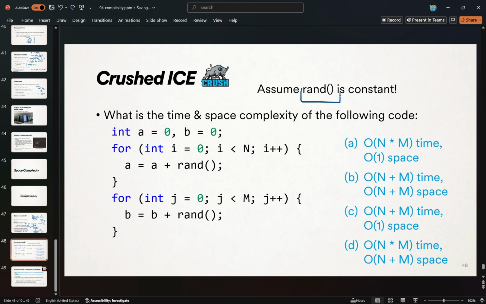Assume that the call to rand takes constant time. And it really will in practice. So that is your code to analyze. Every time you call rand, it's just O of 1, or theta of 1. And I'd like you to try to calculate the time complexity and the space complexity.